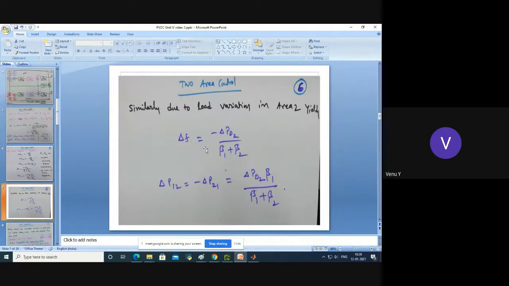Delta PD2 over the sum of the area control errors, beta 1 plus beta 2.